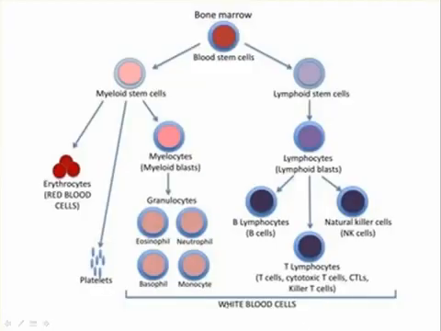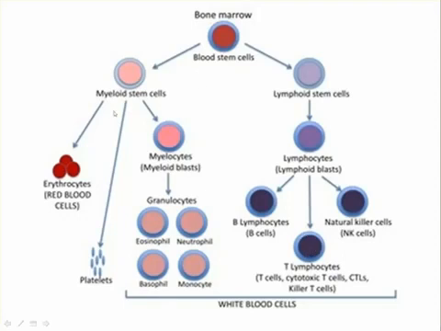And this is the schematic representation of the bone marrow cells. We have the blood stem cell, which is the precursor of the lymphoid stem cell, which will result in the production of lymphocytes, including the B lymphocytes and the T lymphocytes.